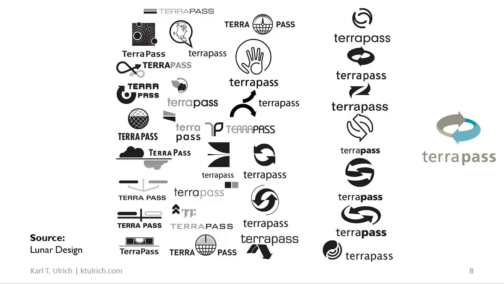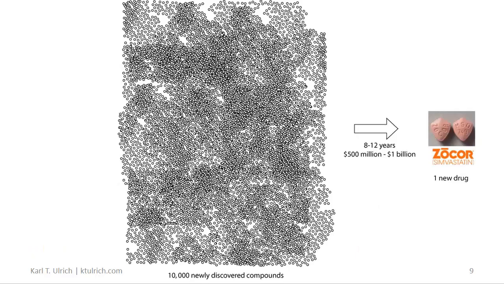Now, tournaments are of course not limited to design. The tournament structure is also the process that a pharmaceutical company goes through to identify a new drug. So for instance, this illustrates the development of Zocor, which is known generically as Simvastatin, which is a product created and marketed by the pharmaceutical company Merck.